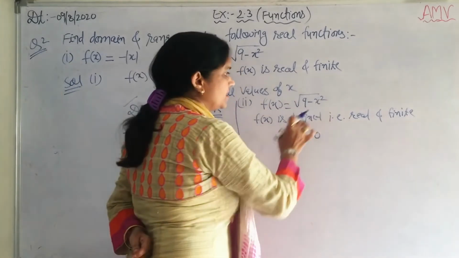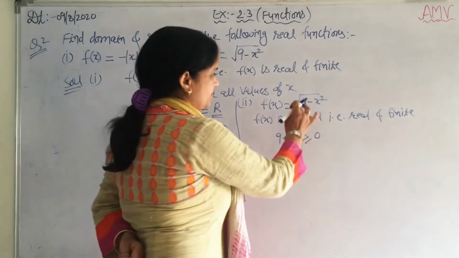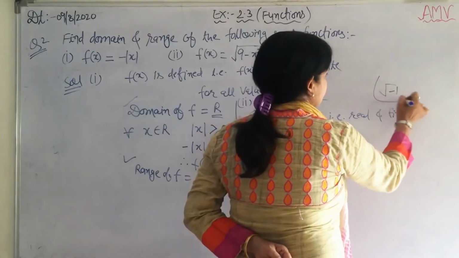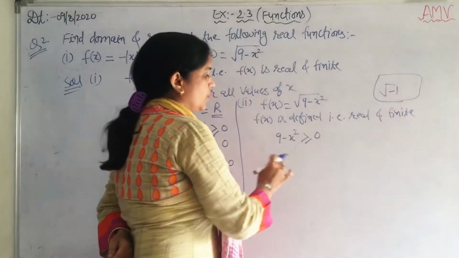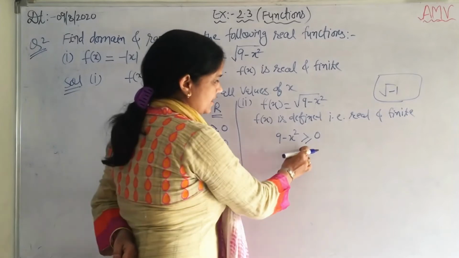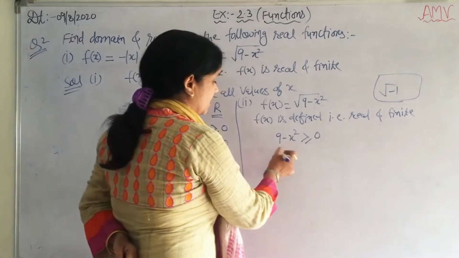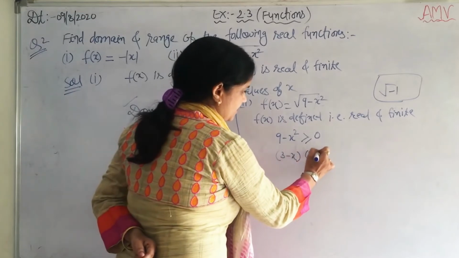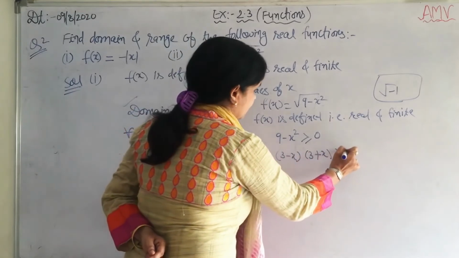Okay, otherwise it will be complex, not real. If we have the under root values of this type, these are not real. Okay, so this value 9 minus x square is greater than or equal to 0. Now factorize, it is (3 minus x)(3 plus x) greater than or equal to 0.